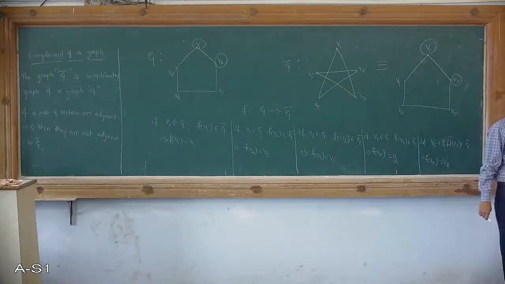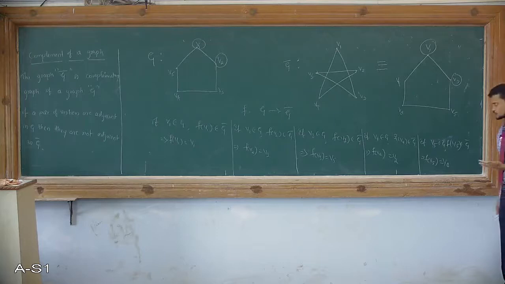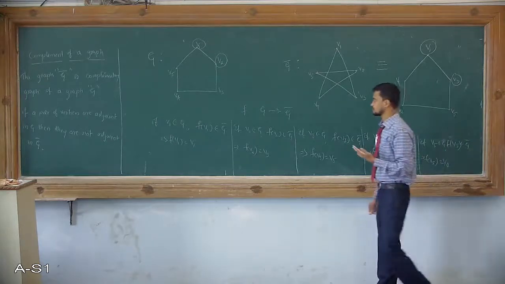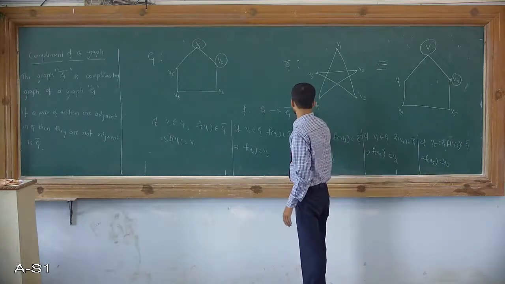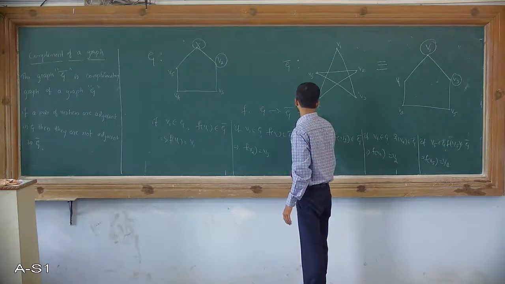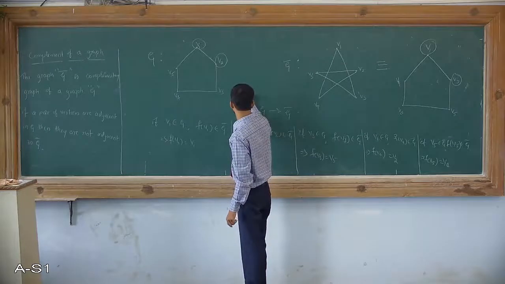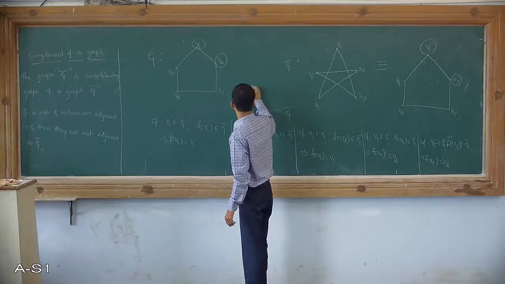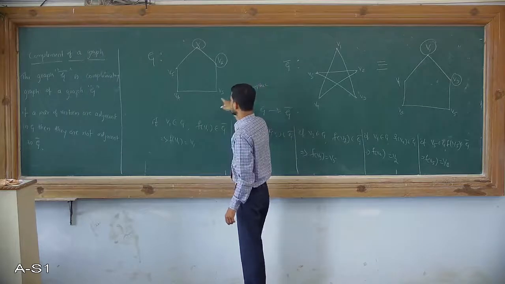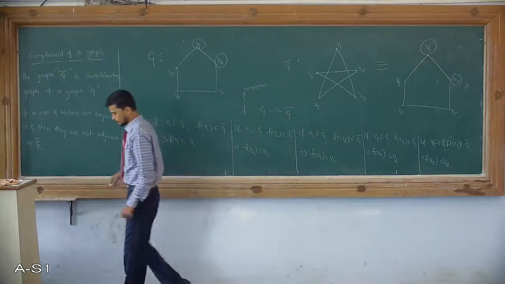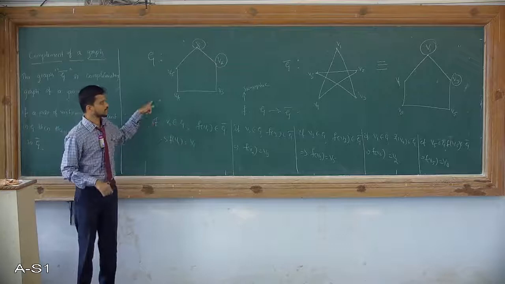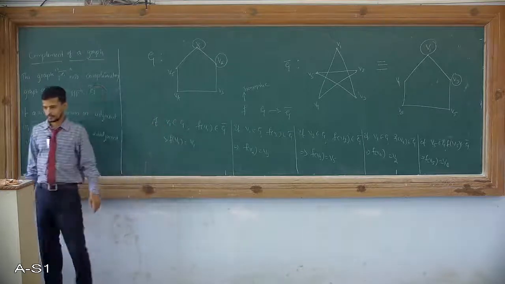Similarly we can develop adjacency also. So then G and G bar are isomorphic under f from G to G bar.